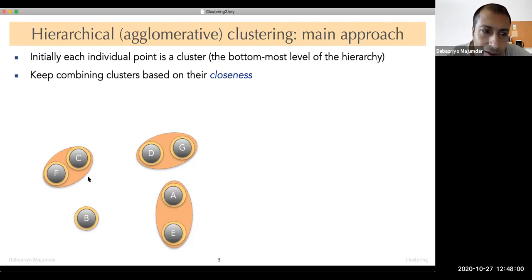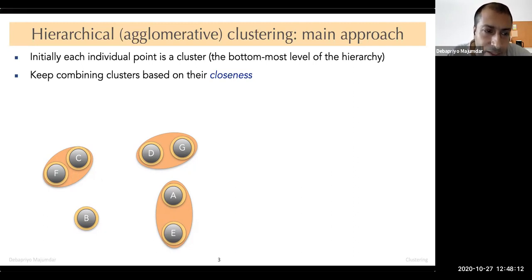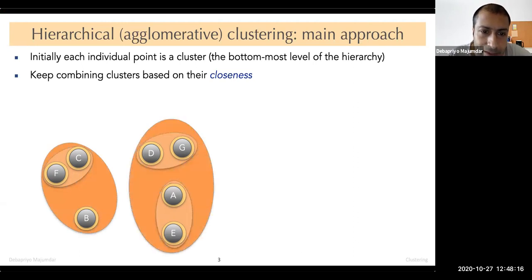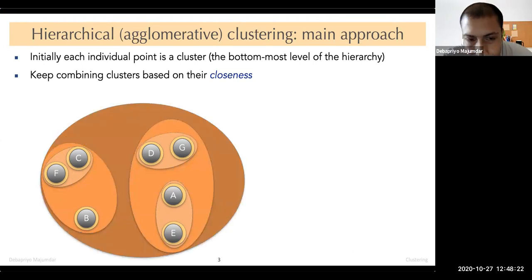In this particular case, what we are thinking is the distance between the middle point of this cluster and the middle point of this cluster. We'll go into more details about this later, but let's say we combine this, and then we also combine this, and finally we have 2 clusters. We can actually combine them also.